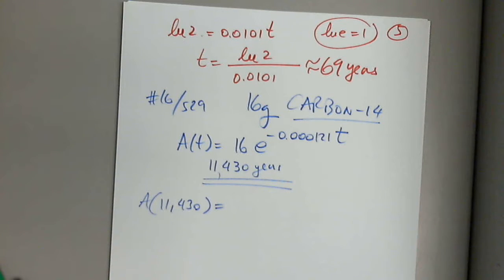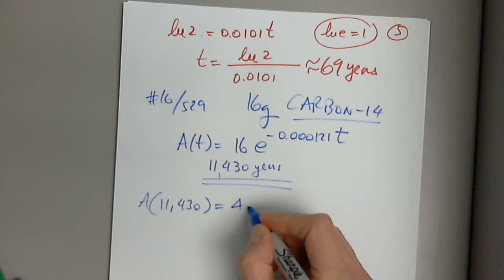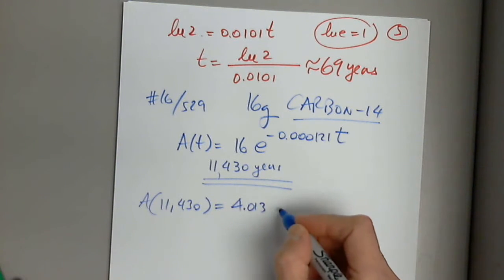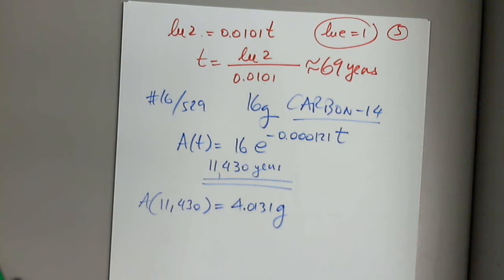So the 16 grams will change into 4 after 11,430 years. As you see, the decay rate is very, very slow. So 4.0131 grams after 11,000 years.